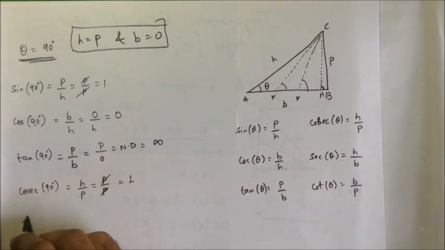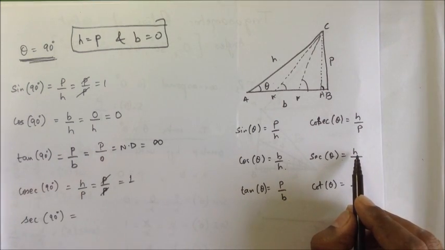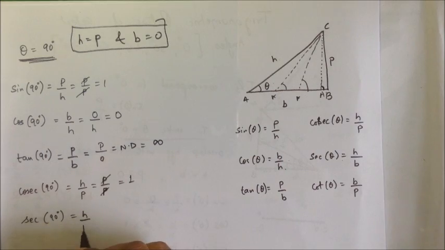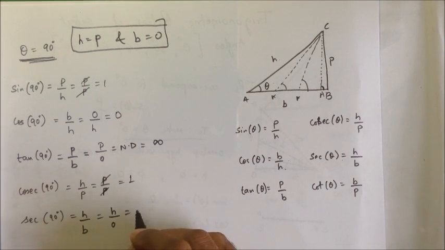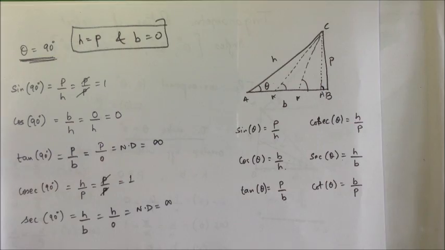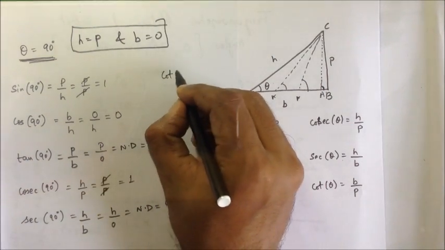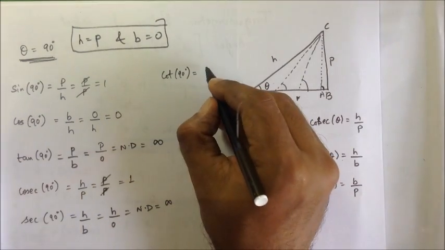The next would be sec of 90 degree. Now sec is the ratio between hypotenuse and base. H remains H, but the base has become 0. Anything upon 0 is not defined or infinity. And the last would be cot of 90, which is base upon perpendicular.